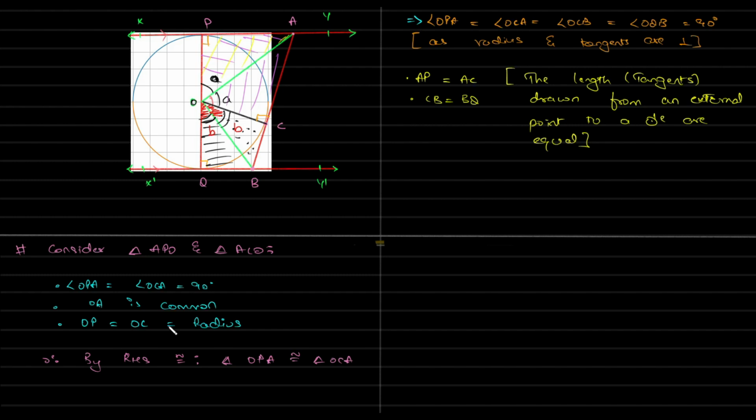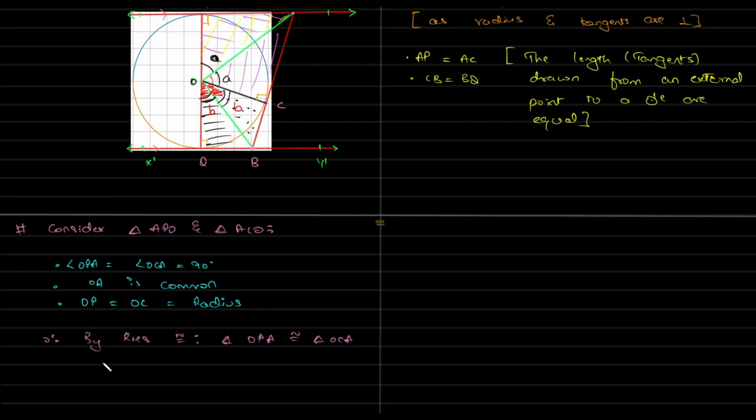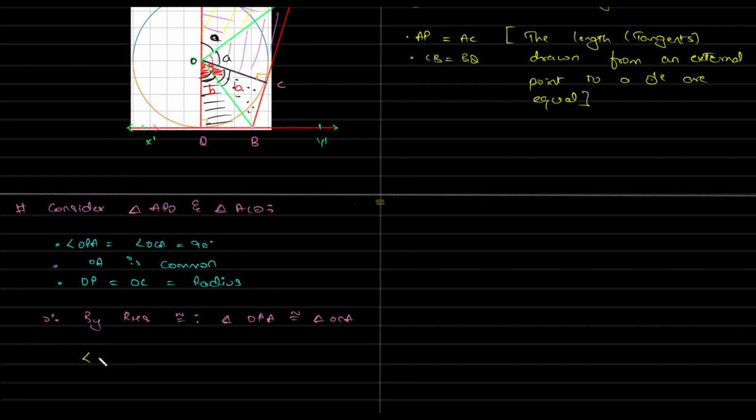That's the whole agenda. Anyways, I'll show it to you. If you're not understanding, you will understand in a second. So by CPCT, corresponding parts of congruent triangles, angle POA is equal to angle AOC, which we'll call A.